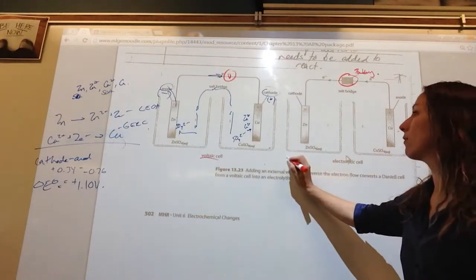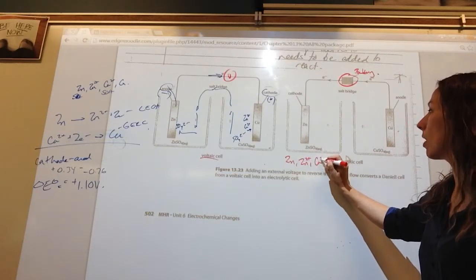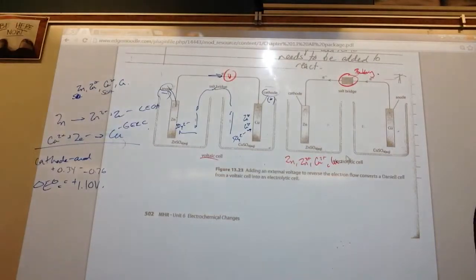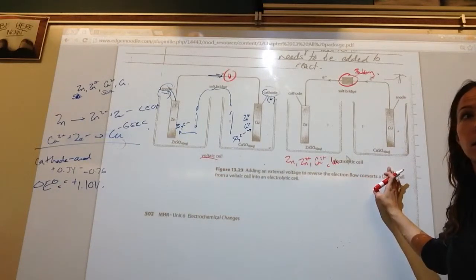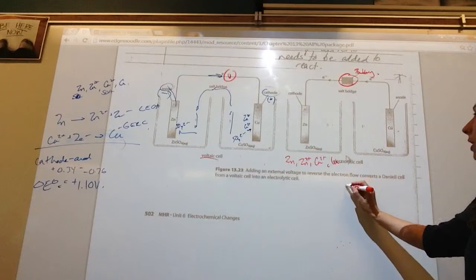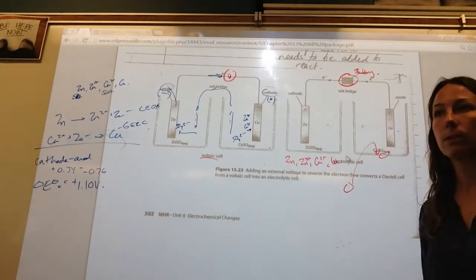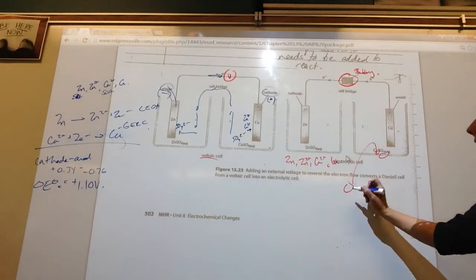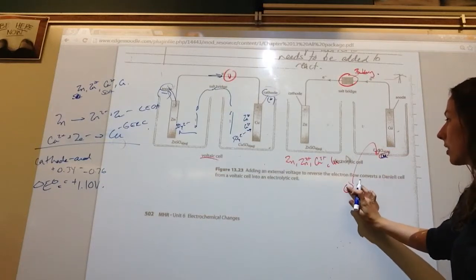So I still have zinc, and I still have zinc ion, and I still have copper ions, and I still have copper. But I'm looking for the combination that's going to give me a non-spontaneous reaction, because that's what this is. So I'm looking for the two that make the waterfall go up the hill, make that statement true. Okay? So you look it up in your data booklet, and you should see that copper should be going here, no, here, and zinc ion is here.